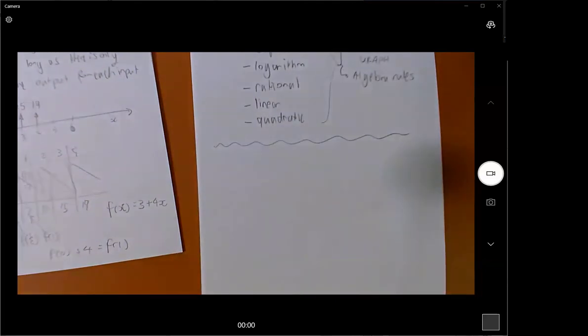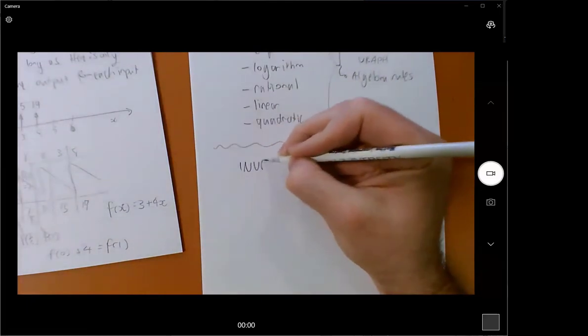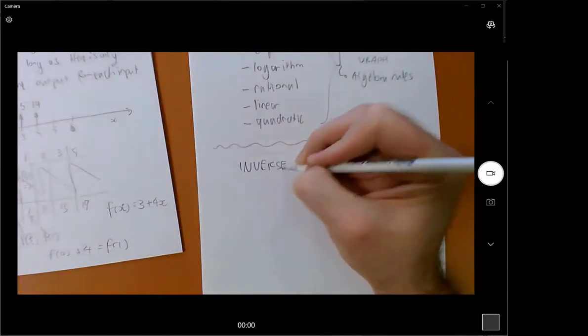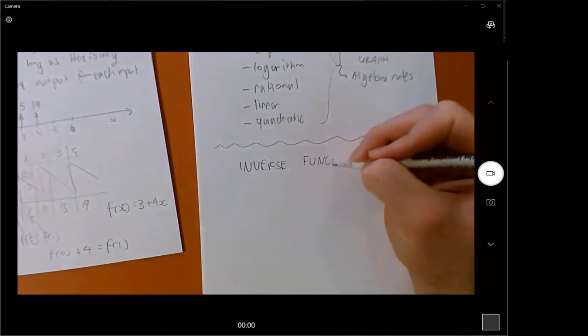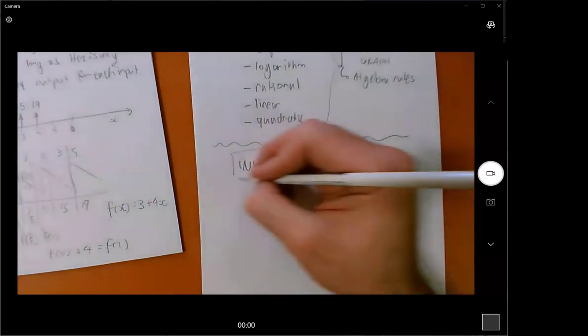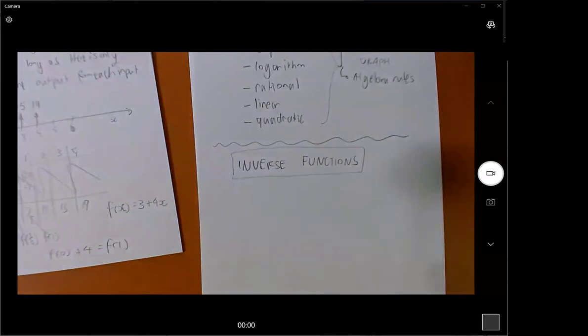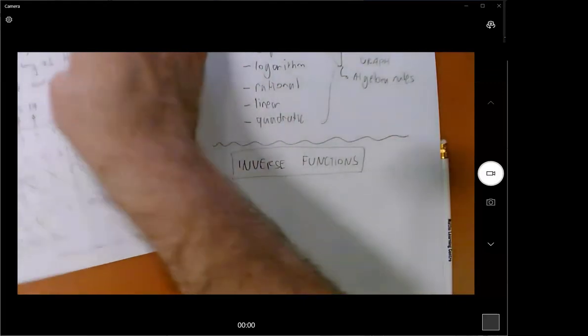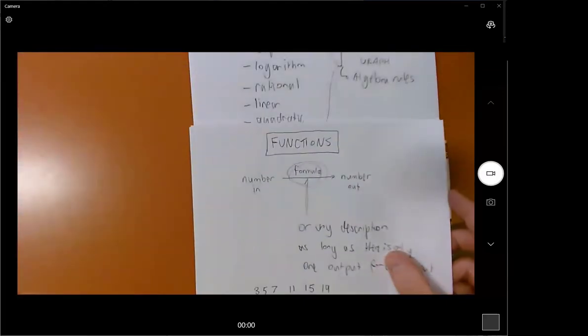Well, the other thing that we did, I wasn't there, that you did with the functions was inverse functions. So this goes all the way back to this drawing here.